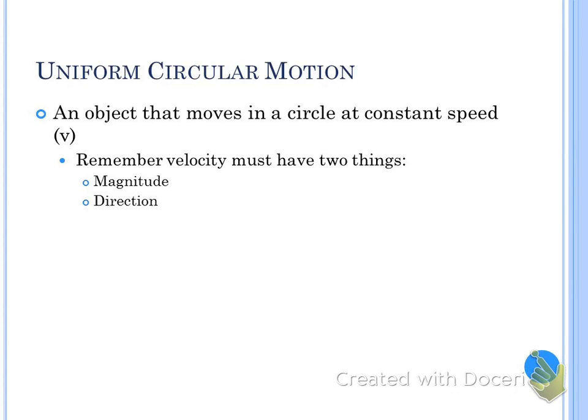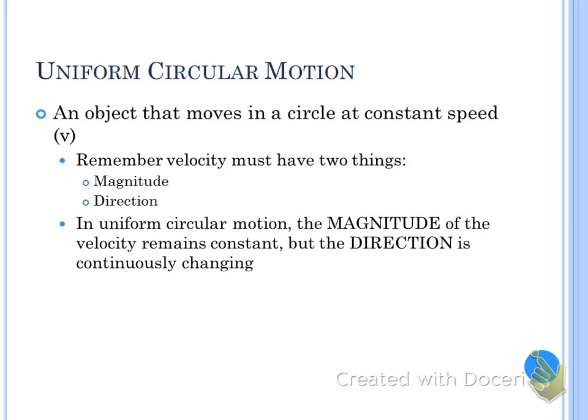Velocity has to have two things, magnitude and direction. So in uniform circular motion, the magnitude of velocity, or the speed, remains constant, but the direction is continuously changing.